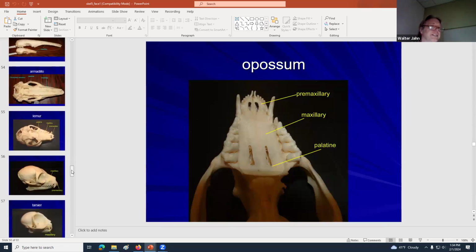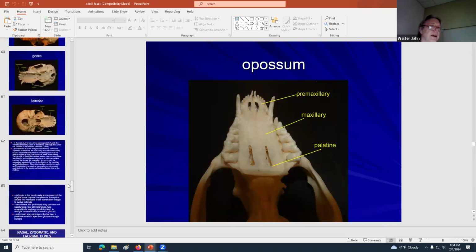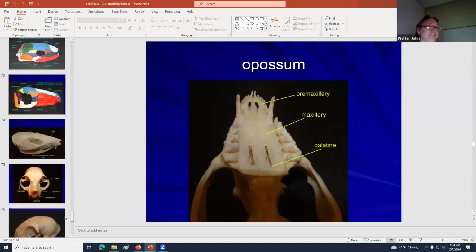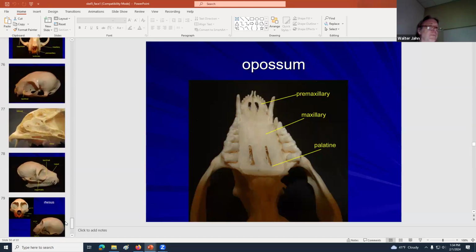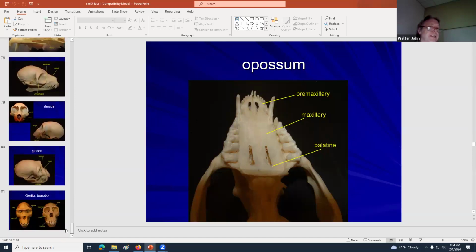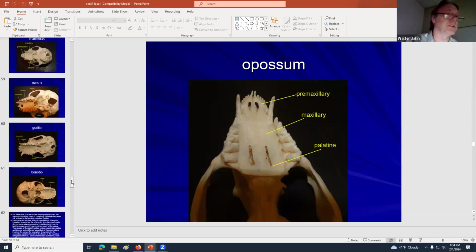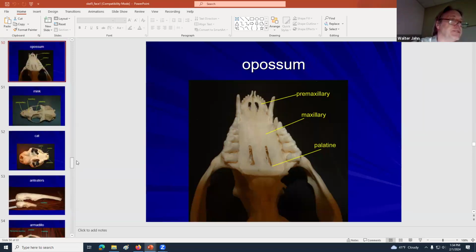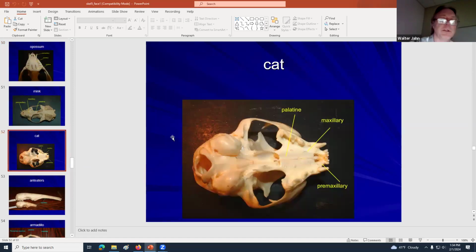When you were a fetus, you had a premaxillary bone, but it then fused to the maxilla. So you do not have a premaxillary bone anymore, which I will show you in a second. But you did have it as a fetus because when you look, say, at a cat, it is still a separate bone that holds the incisors.